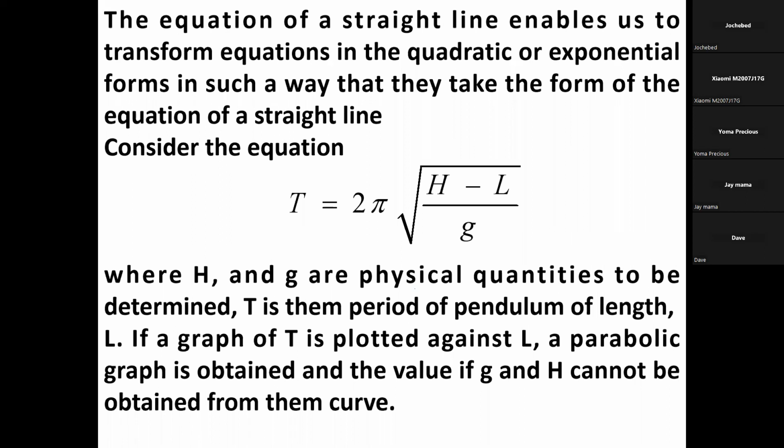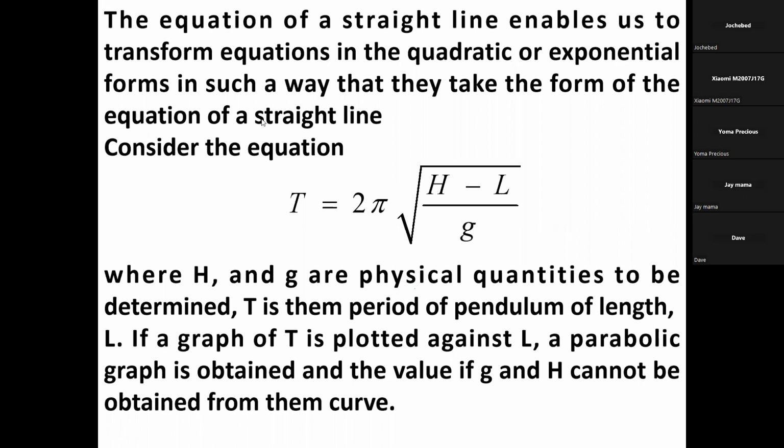Now if you consider this equation, t equals 2 pi square root of l divided by g, does that equation look like y equals mx plus c? Can you identify your m there? Can you identify your x there? Can you identify your c there? Does it look like y equals mx plus c? No, it does not look like it.